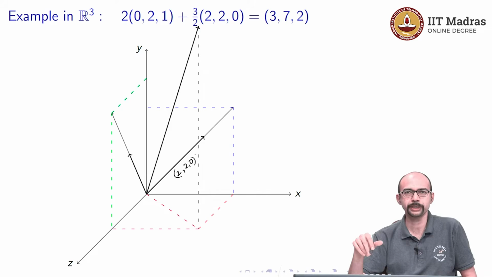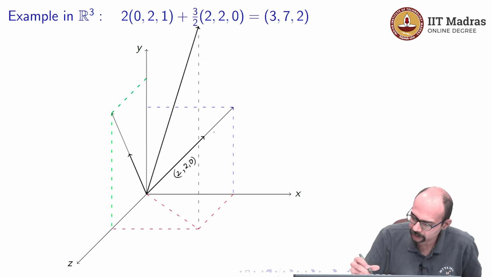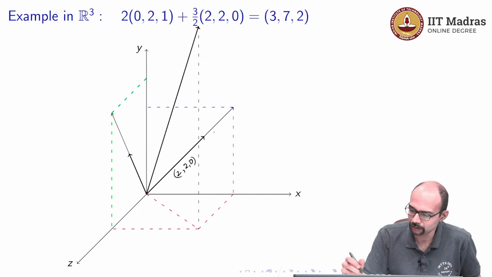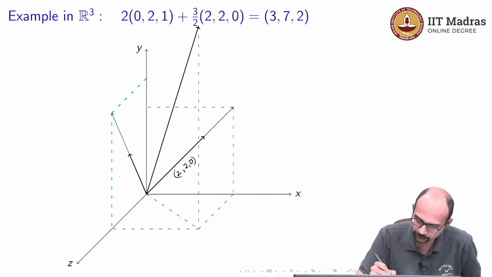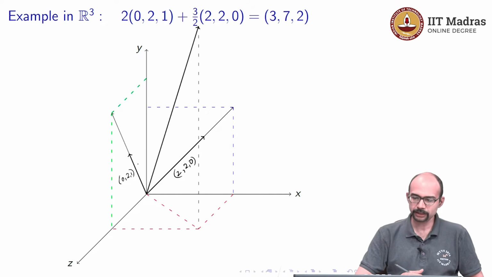Yeah, so this xyz axis has been drawn a bit differently than we usually draw it for the purpose of illustration. So this is the xy plane. On this we have the vector 2 comma 2 comma 0. On the left side, this is the yz plane. On this we have the vector 0 comma 2 comma 1, and then we scale these.